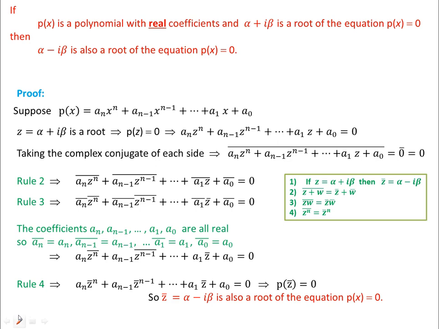In other words, z bar is itself a root of the equation p of x equals 0, because we've got p of the complex conjugate of z is equal to 0. So we've managed to prove the result that we're looking for.